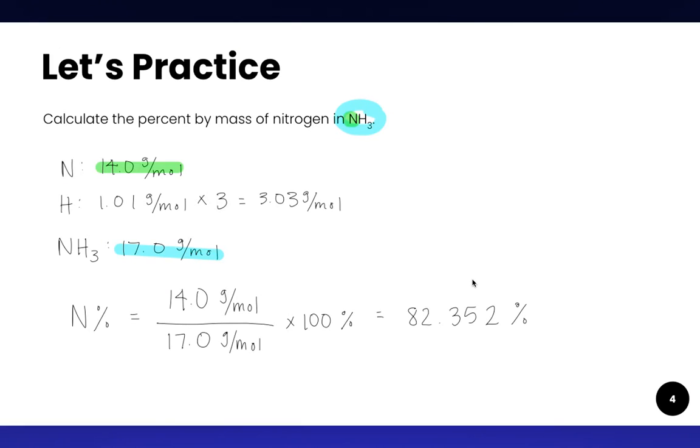We'll edit for significant figures. Five will bump 3 up. So this compound is 82.4% nitrogen by mass.